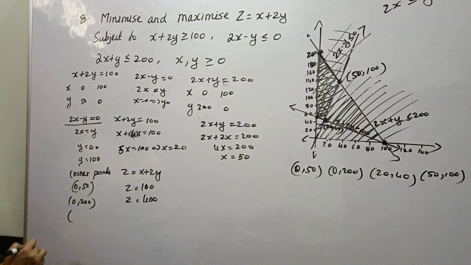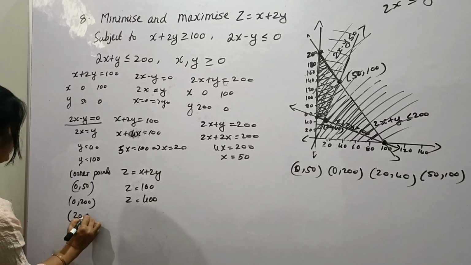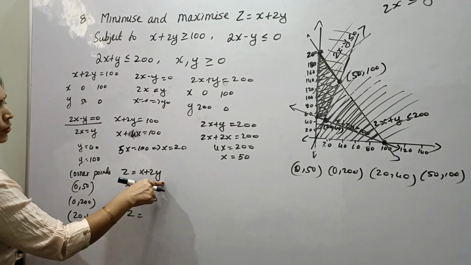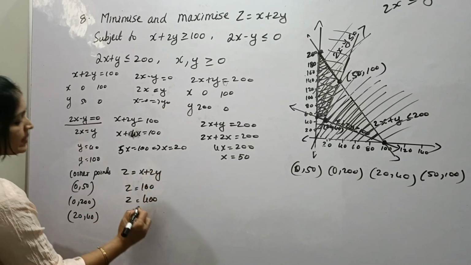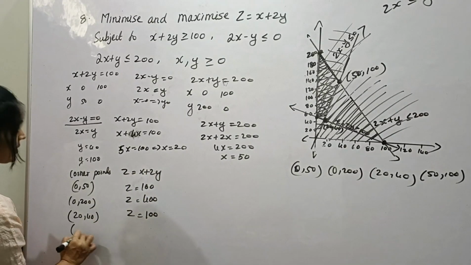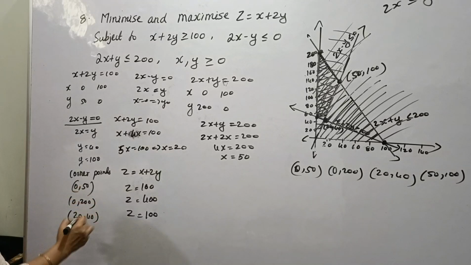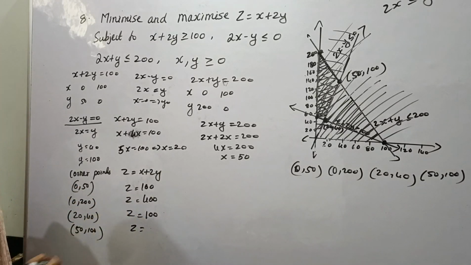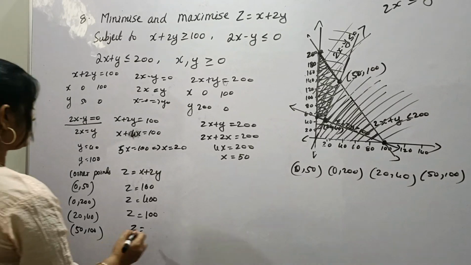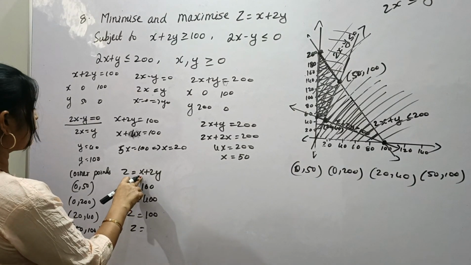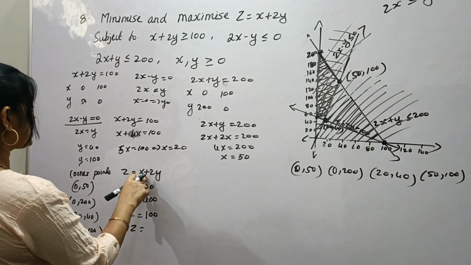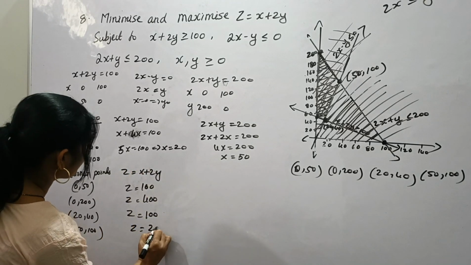Next is 20, 40: x is equal to 20, y is equal to 40, that is 20 plus 80, 100. Next point is 50, 100: x is equal to 50, y is equal to 100, so 50 plus 200, 250.